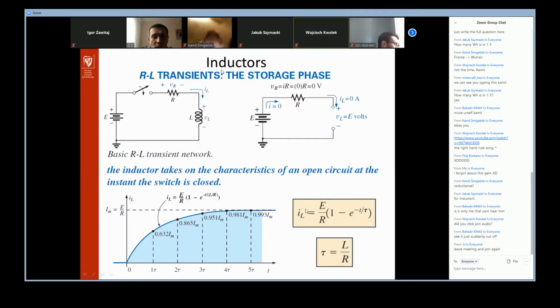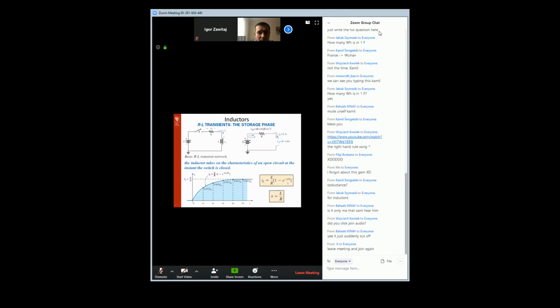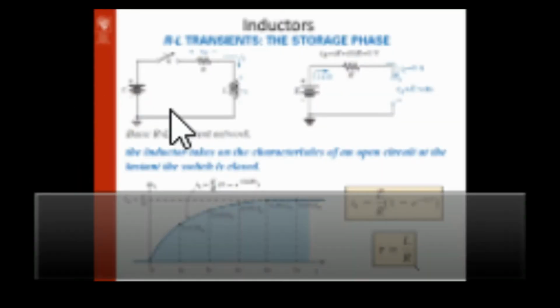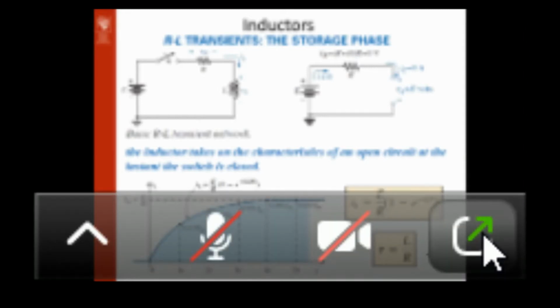So what is the current IL for the storage phase? It is given by the maximum value E over R multiplied by 1 minus e to the minus t over tau. Where is the difference here? Because this is the RL network, tau is given by a different formula: tau is L over R. Please remember it.